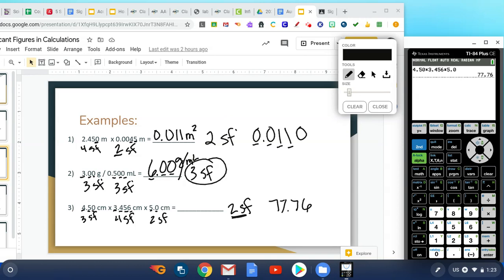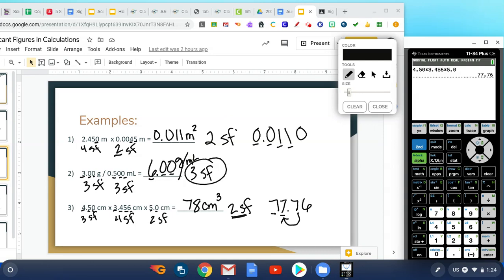I need 2 significant figures. You always start counting from the left. I need this one and this one. This one causes this to round up to 8. So I should report this as 78. Now, I have centimeters times centimeters times centimeters, so that will be centimeters cubed for my units.